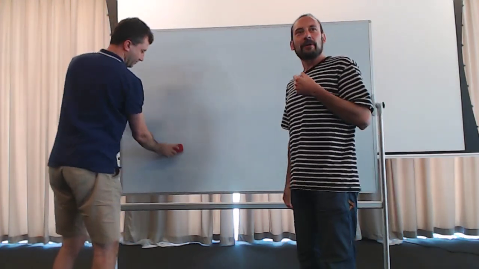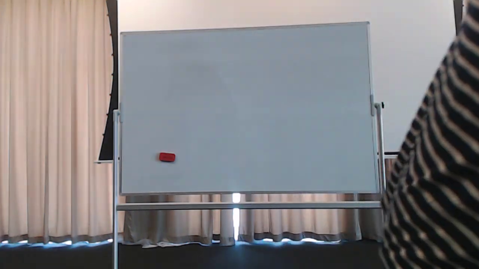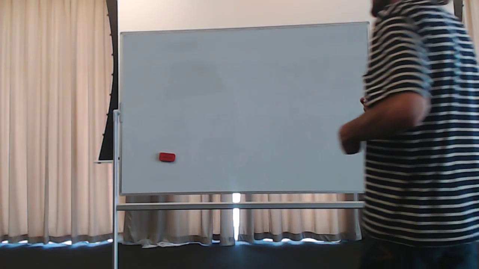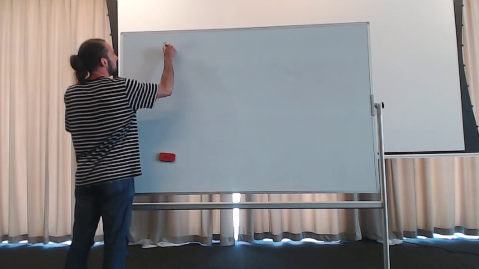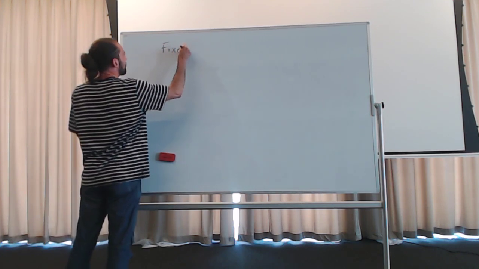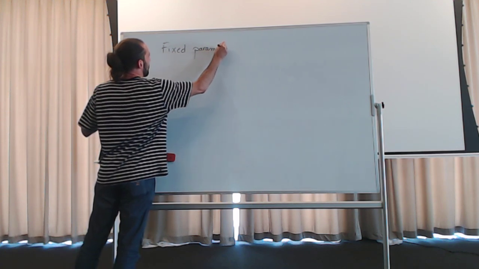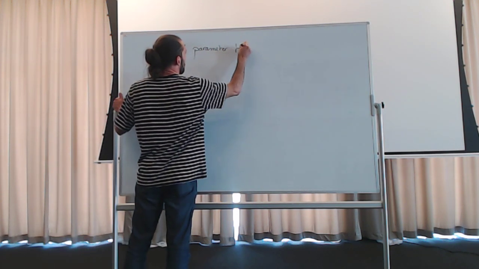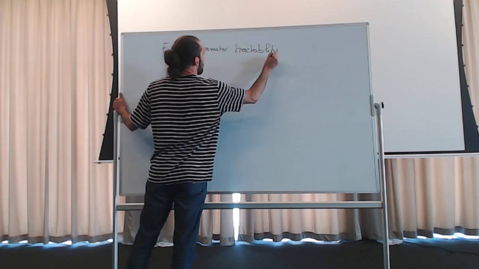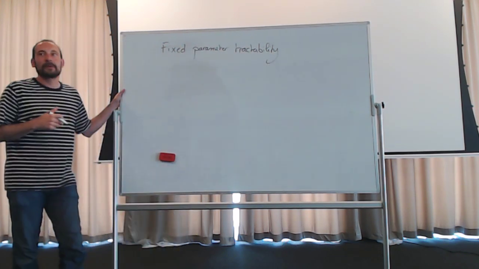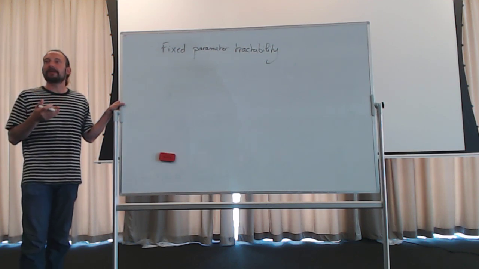It's a question related to Michal's question. It's about fixed parameter tractability. Michal was saying that one very natural parameter would be just the dimension of the VAS itself.